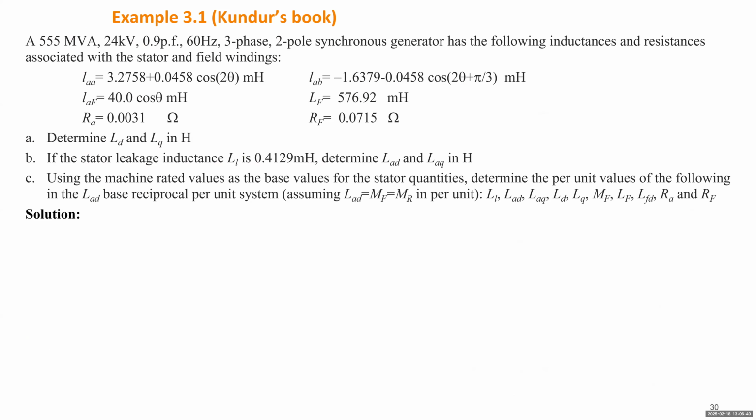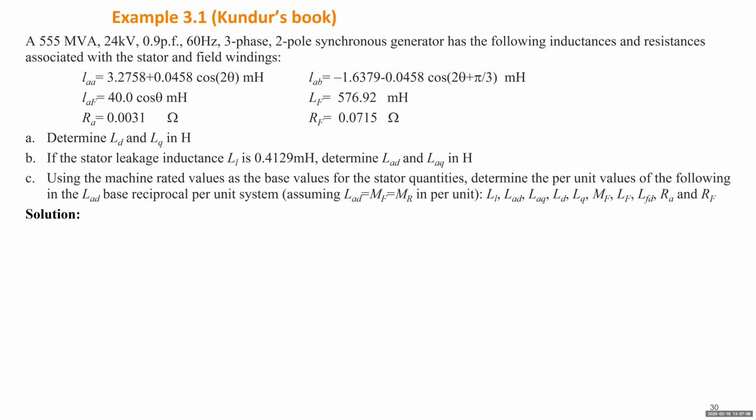In Kundur's book, there's one example, 3.1. So you can utilize this example to do some calculations regarding the parameters of the model and also change the values from the original values to per unit values. So let's consider a 555 MVA.